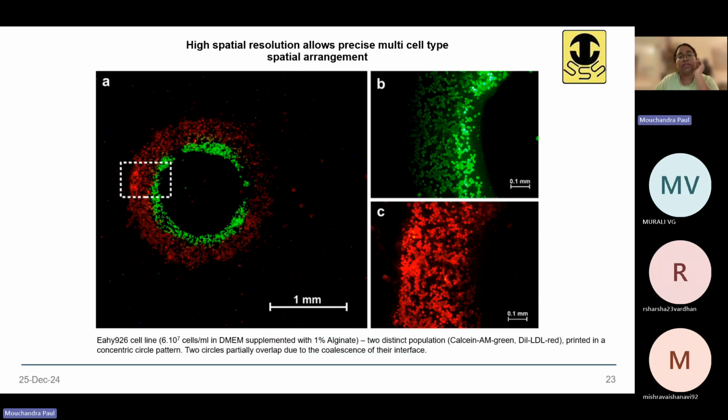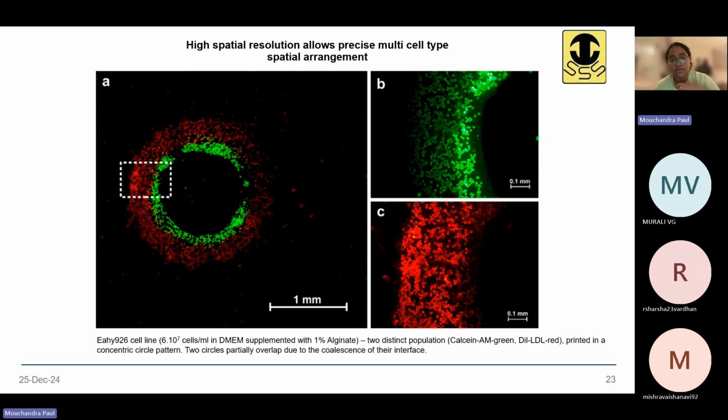Now what they have done is they have tried to print two distinct populations of cell type. So in this experiment, they are using the EAHY926 cell line, which is an endothelial cell, at a density of 60 million cells per ml, mixed in DMEM, and they are adding 1% alginate to it.